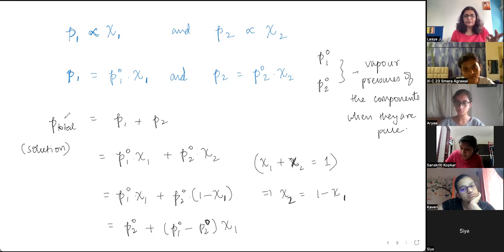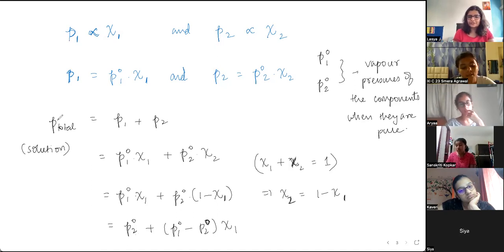And the other way around, suppose you have a solution and you know its total vapor pressure, but you don't know how much solute is mixed in it. If you know the individual vapor pressures at that particular temperature and the total vapor pressure, you can get the mole fraction of any of the components using this.